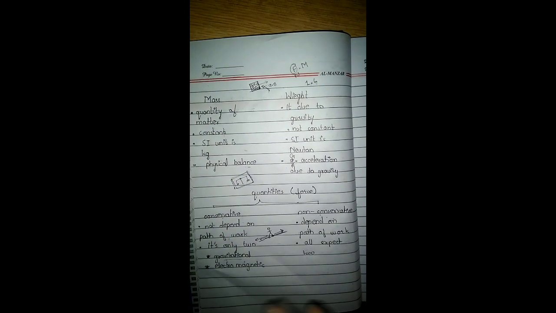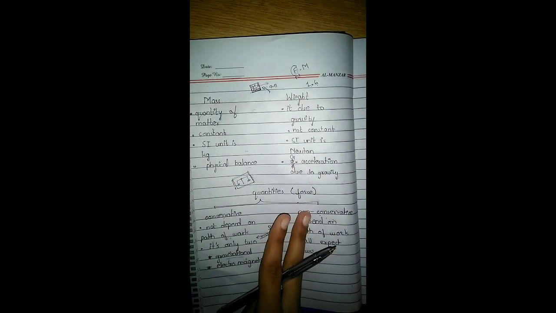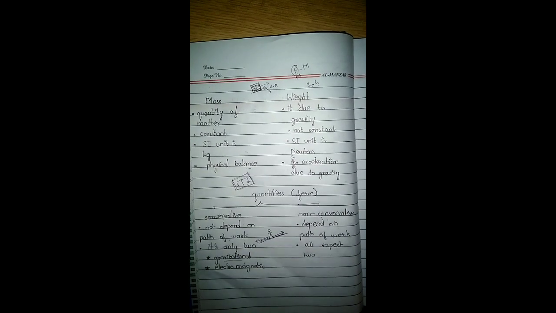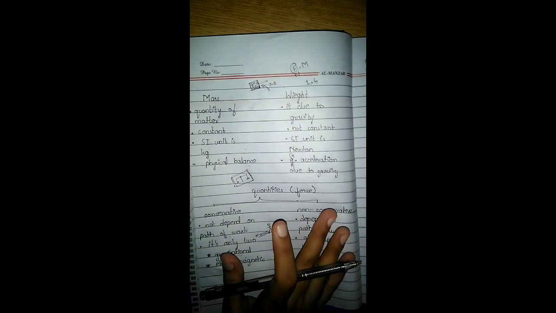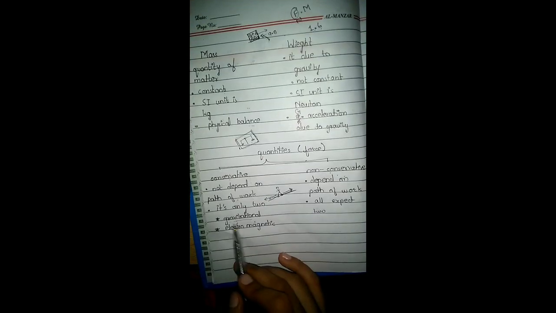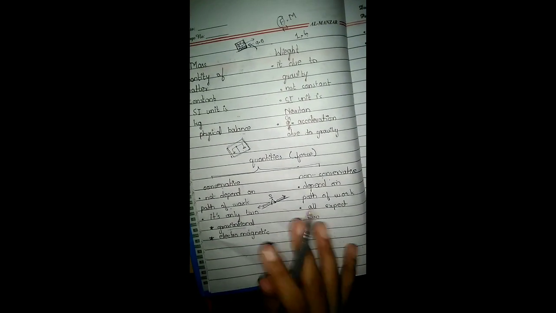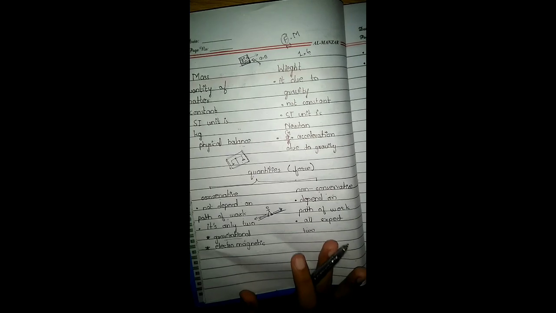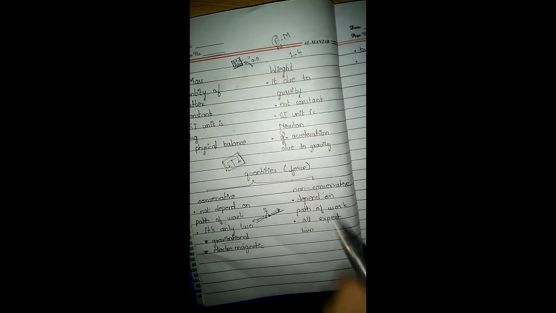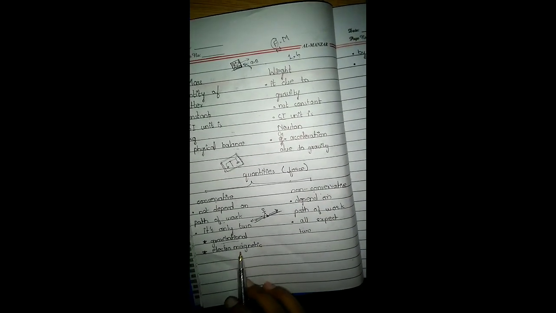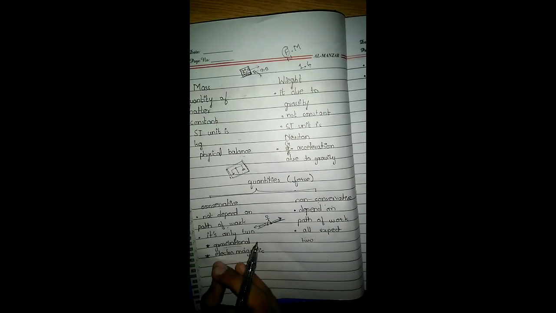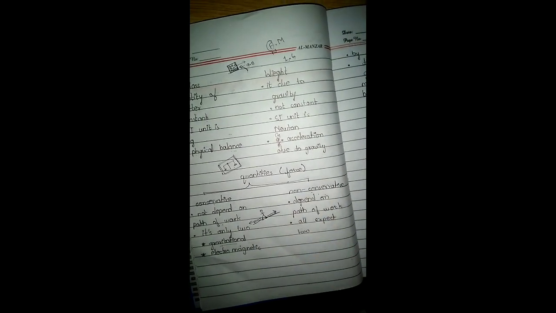So there are only two types of conservative forces in physics or in the world. First one is gravitational force, because it does not depend on the path, it just exists everywhere. And the second one is electromagnetic force. It also does not depend on the path, it's everywhere.